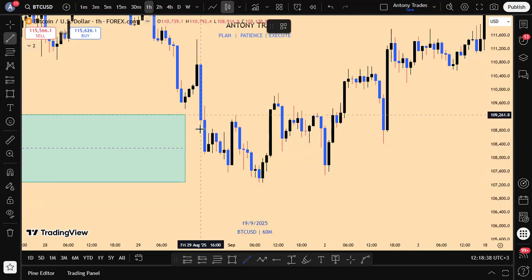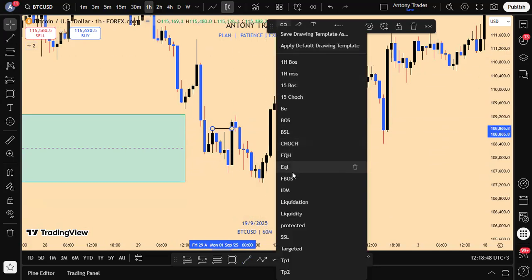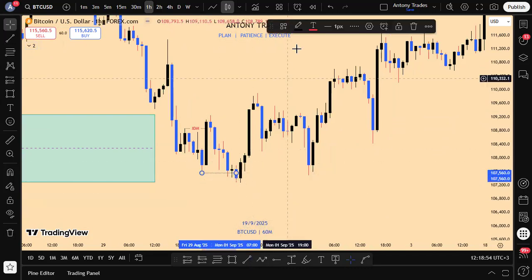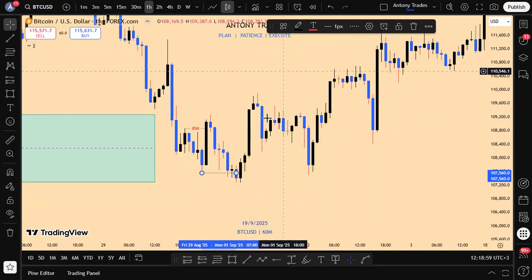We have this push, pull back, push to the downside, market push to the upside and induce this high. So we have an inducement here. Then we have a break of structure. Very nice. We have a break of structure.